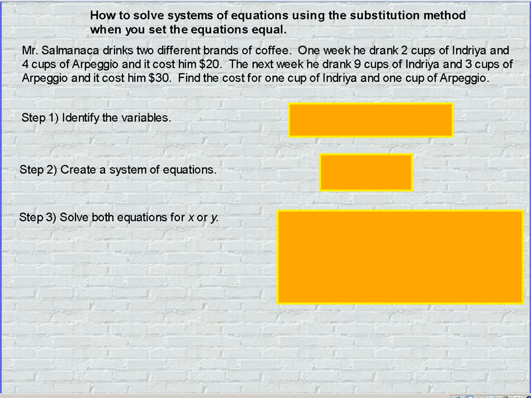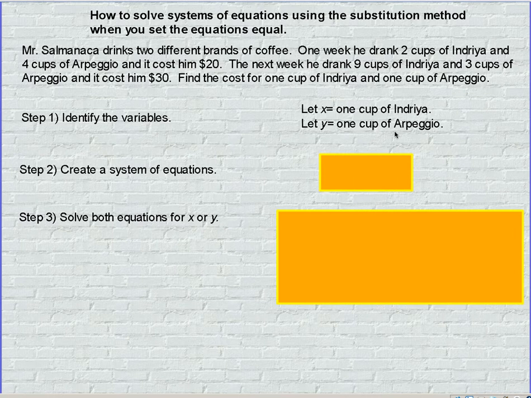What we want to do is find the cost for 1 cup of Andrea and 1 cup of Arpeggio. I would like for you to pause your screen and see if you can identify how to set up the variables. We have the following. We're going to let x equal 1 cup of Andrea and y equal 1 cup of Arpeggio.